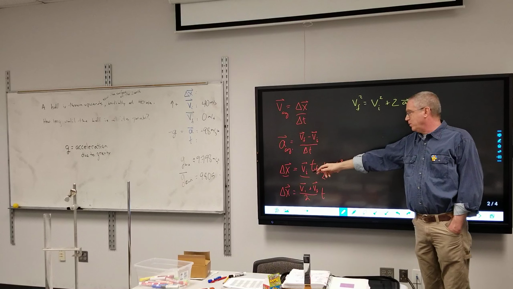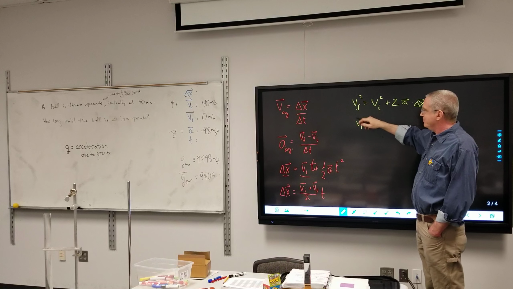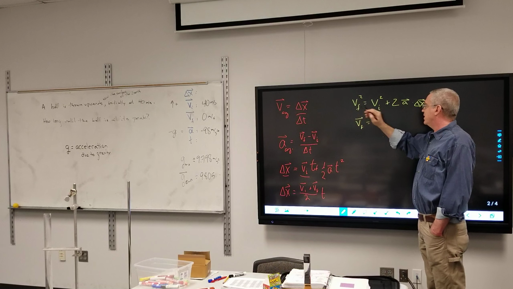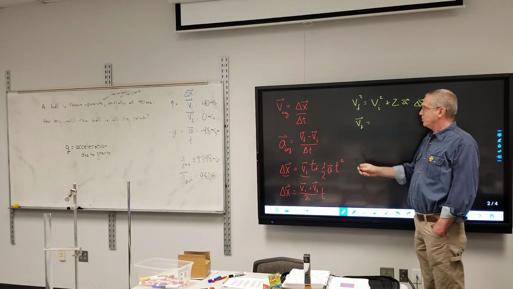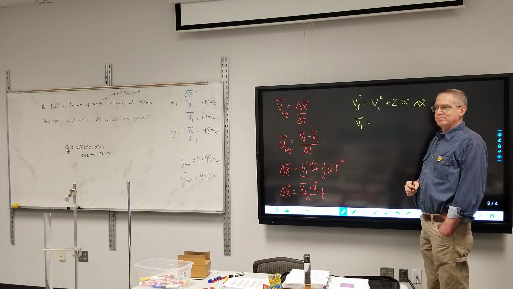Since we have 2 that start with displacement, well, we have 2 that start with VF. And the last one, this is velocity, and it comes from that equation. What did we do?